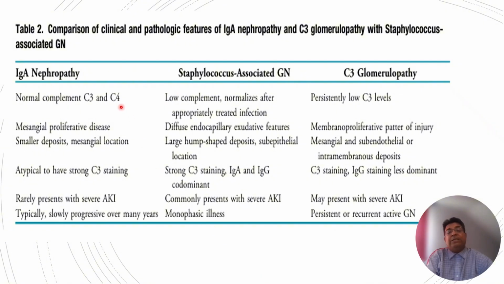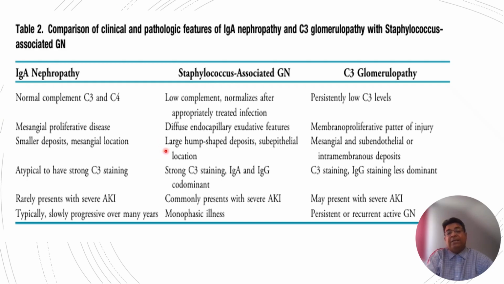IgA nephropathy generally has normal complements. Post-infectious GN will have low complement, which will normalize after appropriately treated infection. And C3GN will have persistently low C3 levels. IgA nephropathy mainly displays mesangial proliferative disease, and post-infectious GN shows diffuse endocapillary exudative features and large hump-shaped deposits in the subepithelial location.